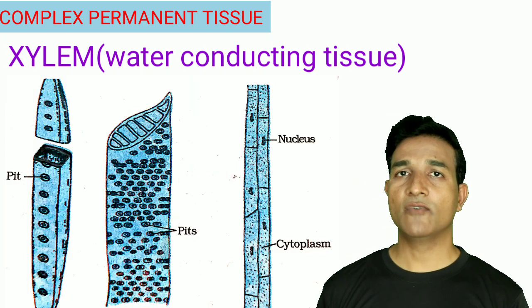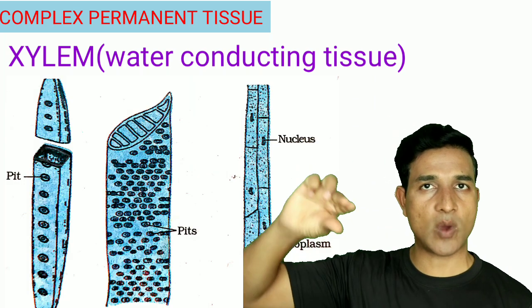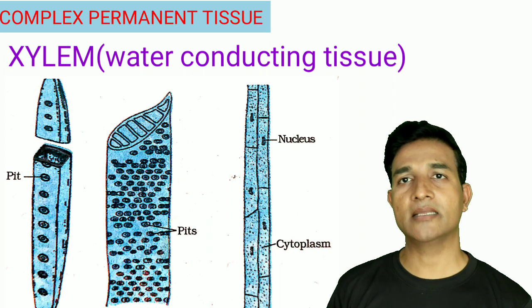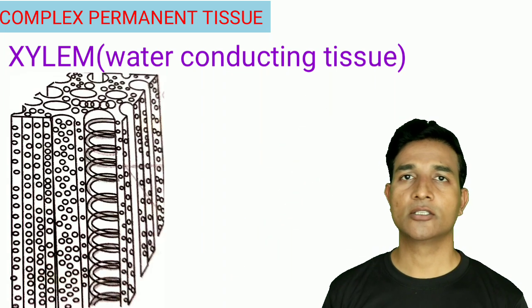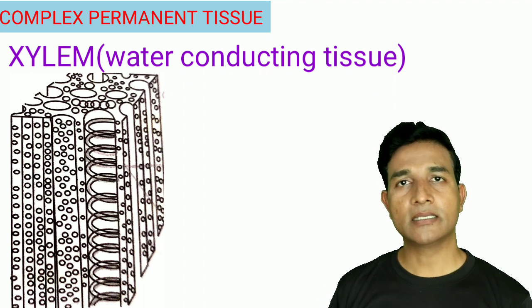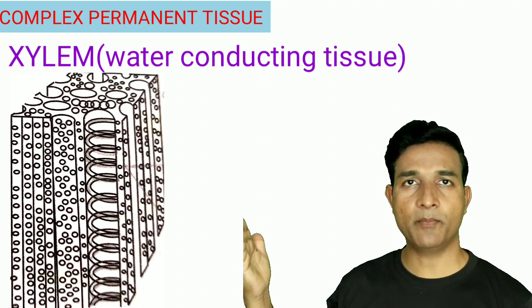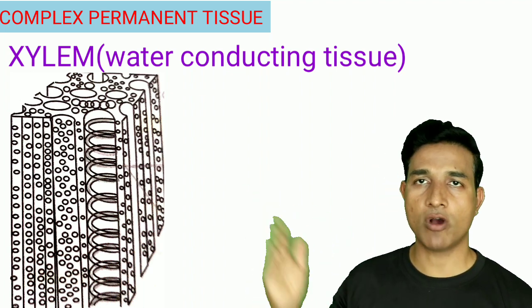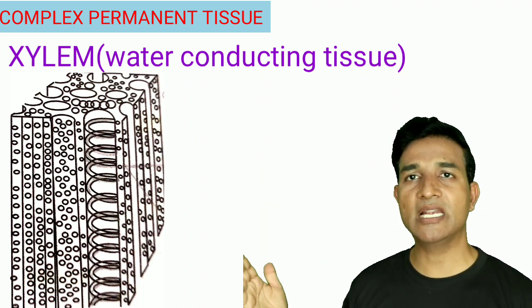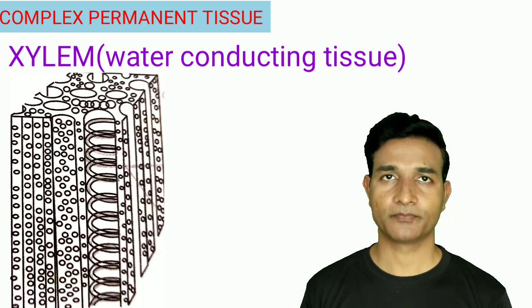Tracheids and vessels are tube-like structures arranged one above the other vertically, and they help in transport of minerals as well as water vertically through the plant body. The xylem parenchyma stores food and helps in sideways conduction of water. Then fibers are mainly supportive in function.